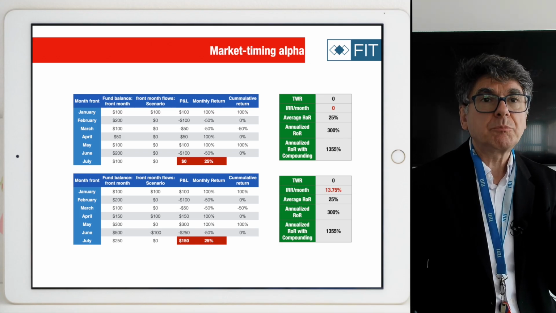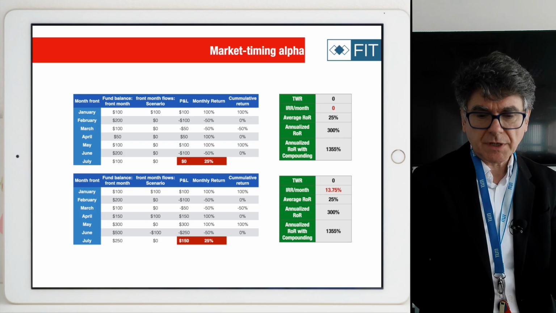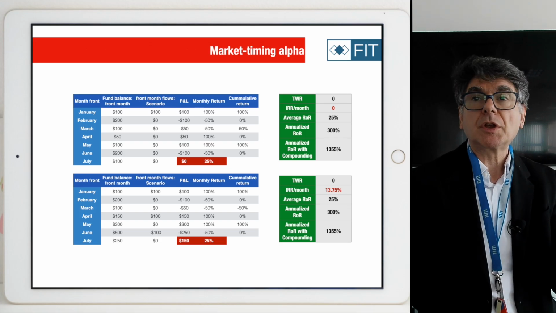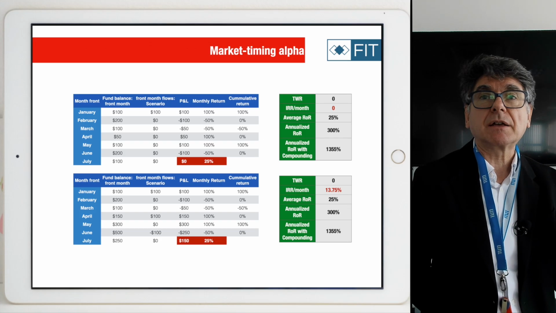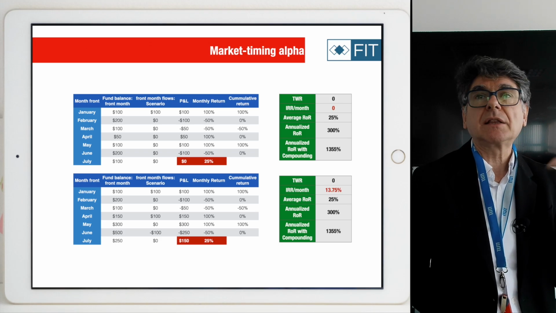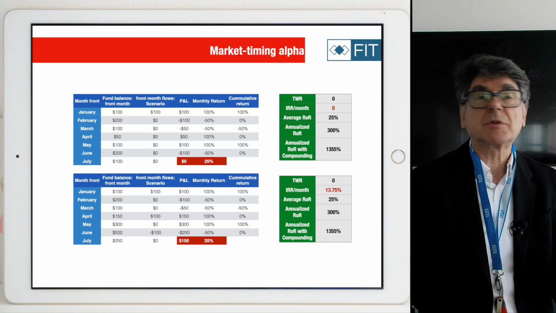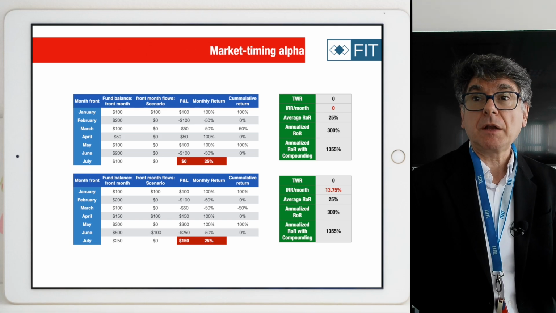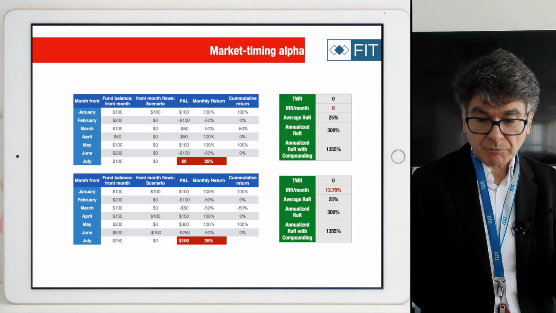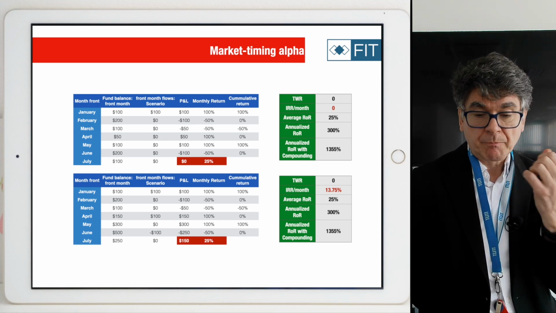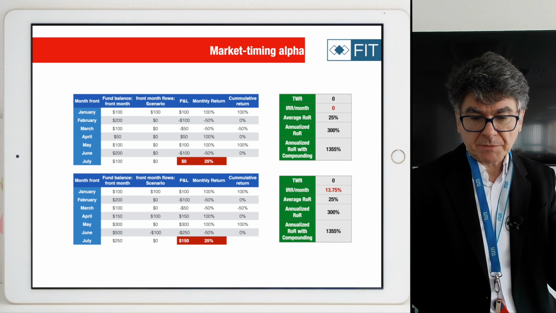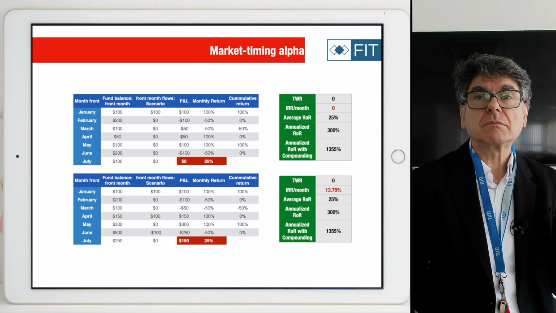And then he puts the money back in when it's very cheap. He will have exactly the same return as the other guy, because again, the return does not take into account how much money you have, right? The return is the same, 25%. But he's making $150.